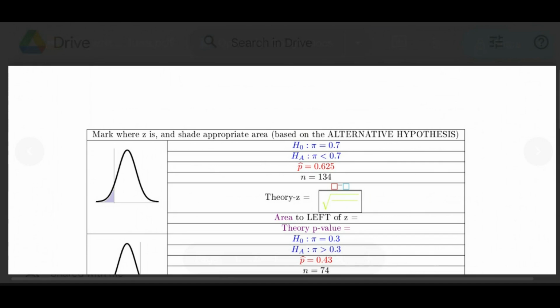If we use the null, it's 0.625, 1 minus 0.7, over square root of 1 over 34 times 1 minus 0.7 over 34.